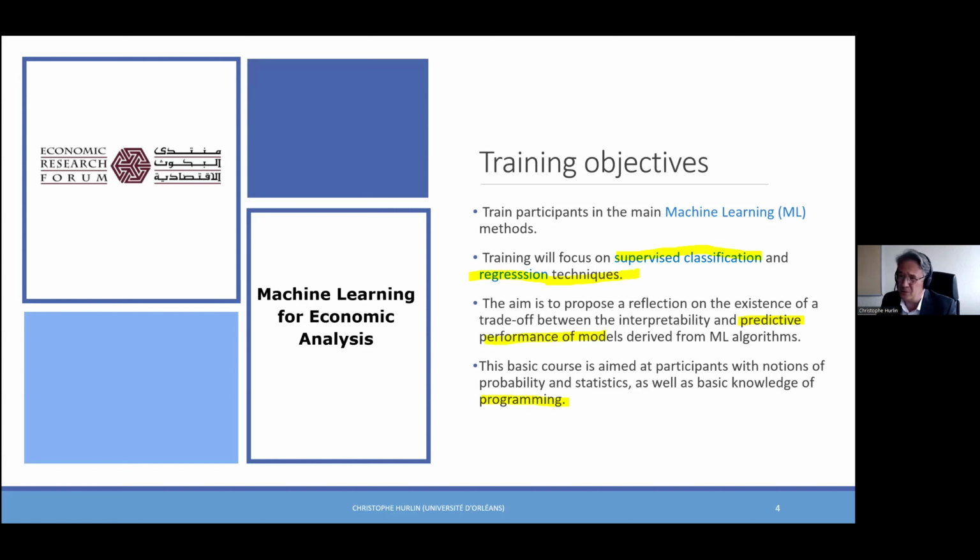I heard that some of you have already followed some machine learning lecture or use machine learning in their research. So I guess that you have some knowledge in general definition, in some particular machine learning algorithm, but I will assume that most of you don't have any knowledge about machine learning.